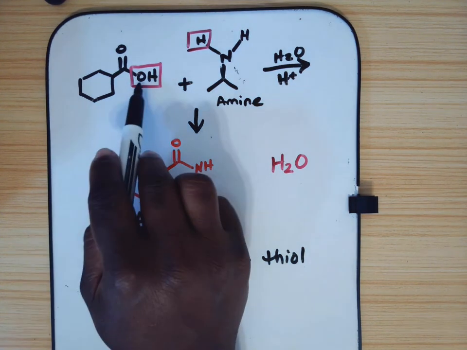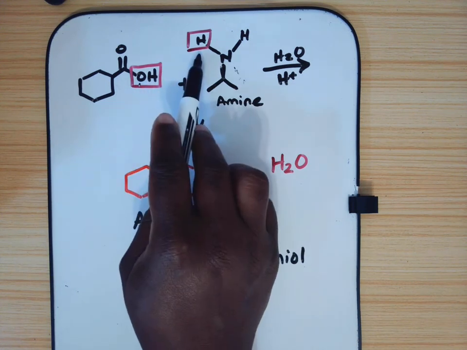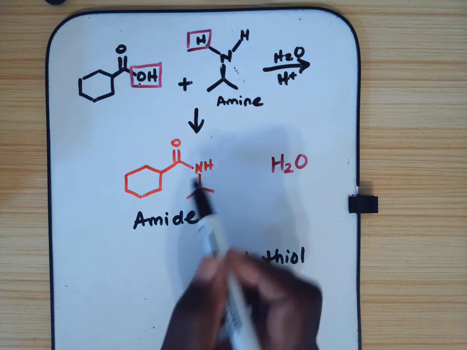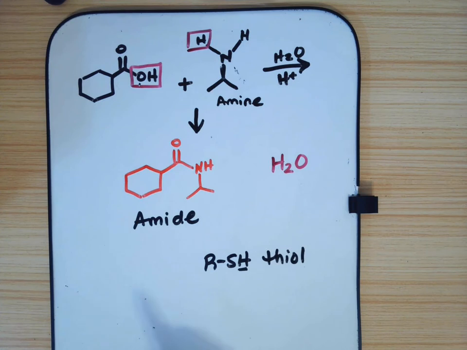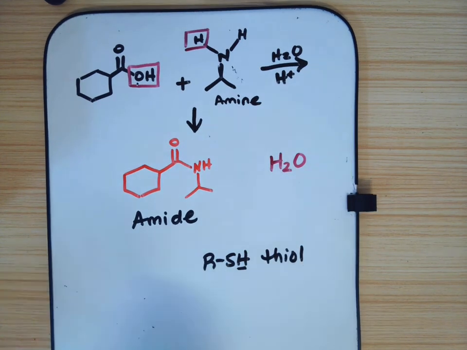That hydroxyl group from your carboxylic acid would break off. A hydrogen from either the amine, the thiol, or the alcohol will be removed, and then the two pieces remaining end up connecting while water is also formed. So this is the result of the condensation between a carboxylic acid and a second component.